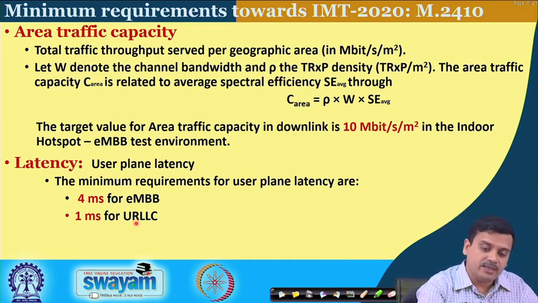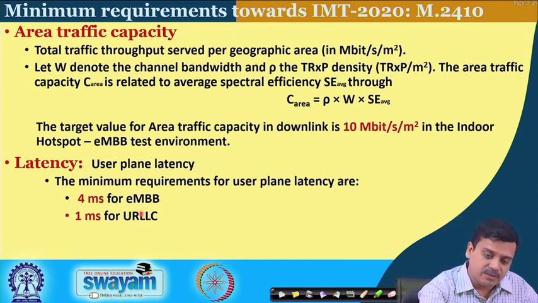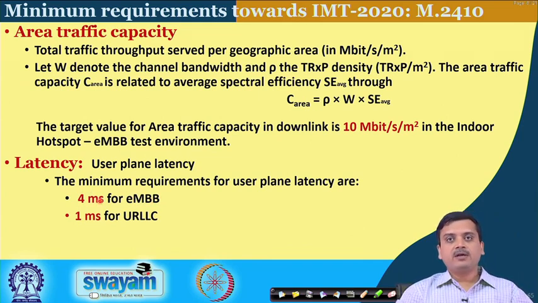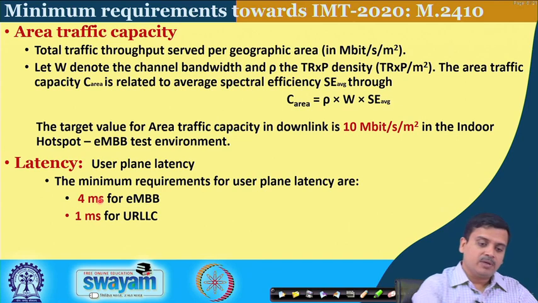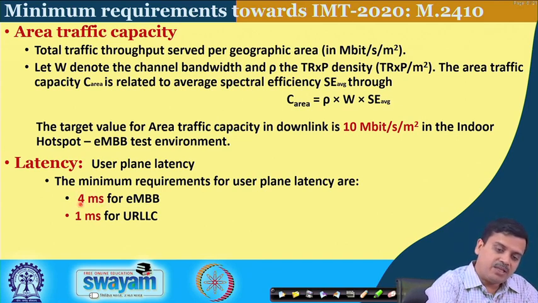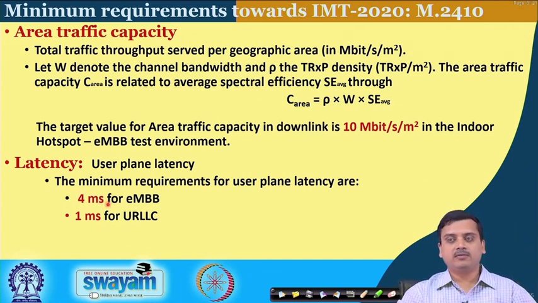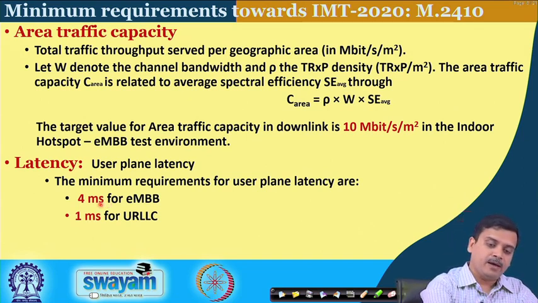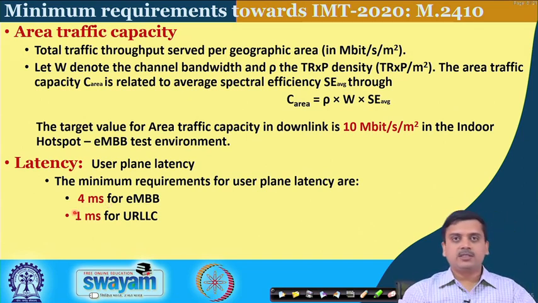So, in the low latency communication scenario, the latency requirement is 1 millisecond, which is a very stringent requirement, and in the mobile broadband requirement it is around 4 millisecond, which is not that stringent, but still these numbers are much lower than the latency requirements in the previous generation system. So, with 1 millisecond latency constraint, one should be able to control a lot of industrial applications to a great extent.